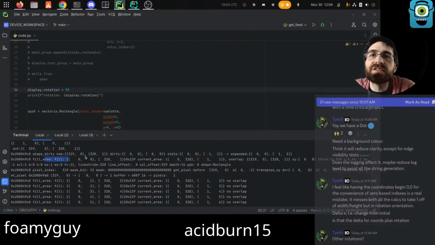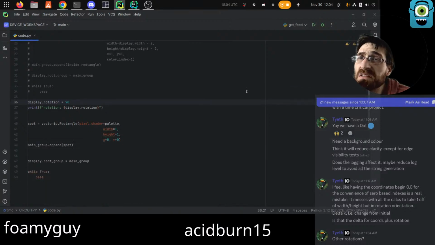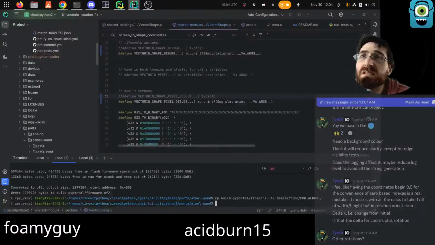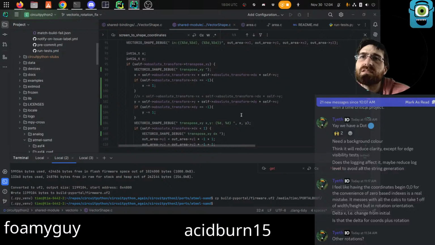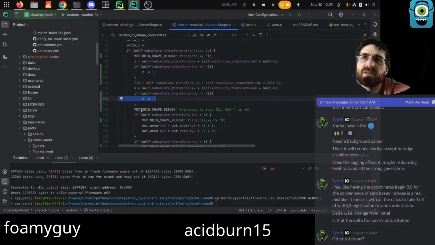And then fill area fill is at the beginning, only because it starts in the top left, basically. And that one's good. So for 90, that's good. Should it be +1? Really not. Should this be +1? I think so, right?